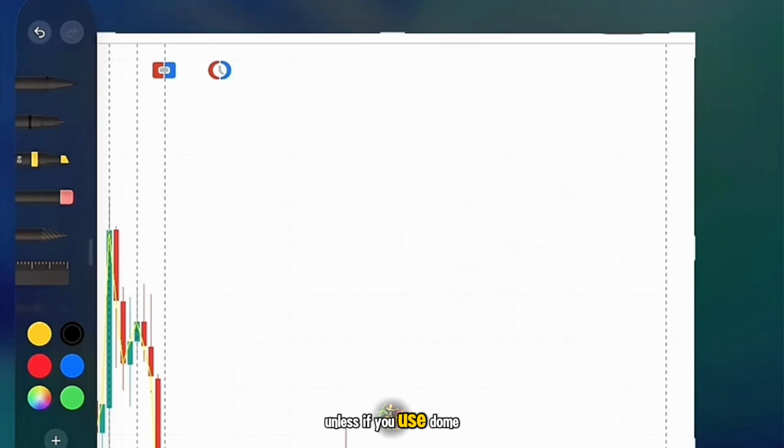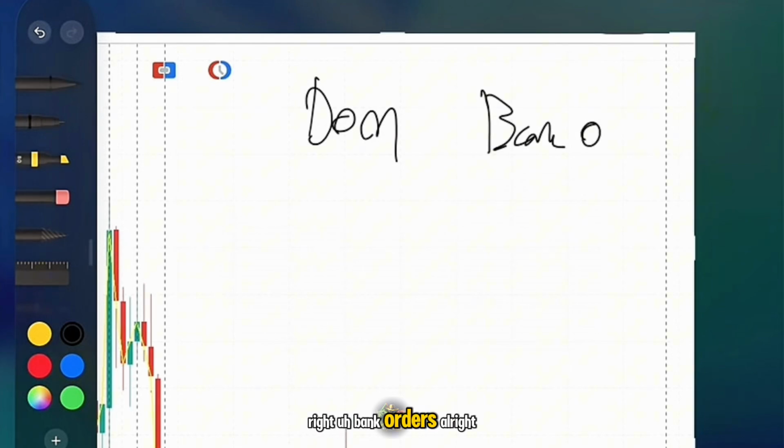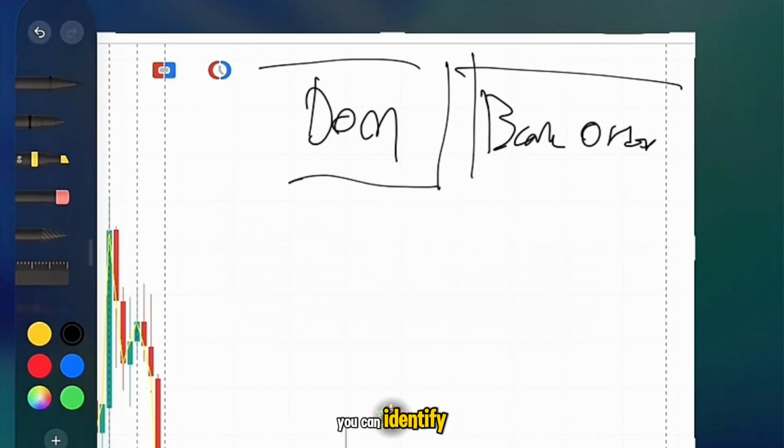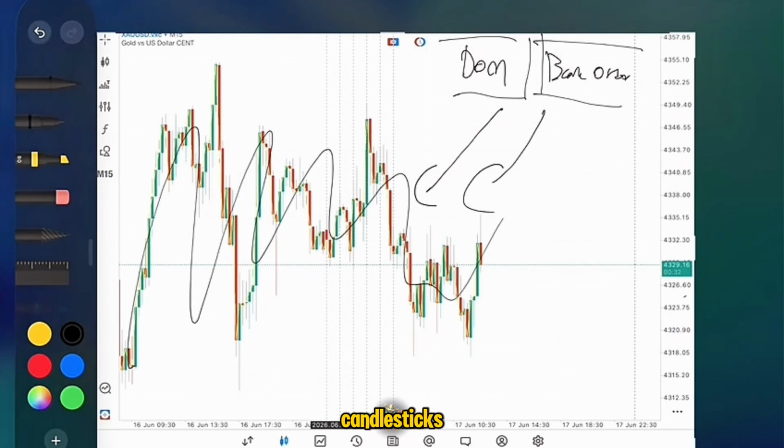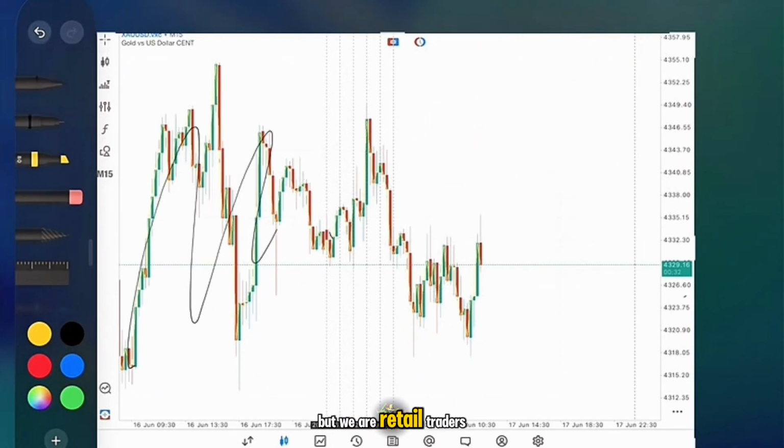Unless if you use DOM, right? Bank orders, alright? You can identify the move that the banks or the institutes make in order to move these candlesticks. But we are retail traders.